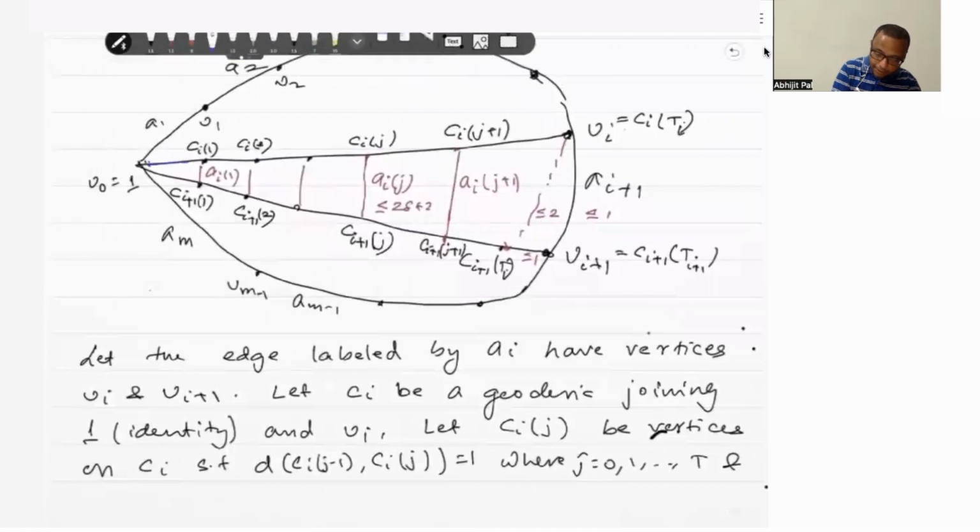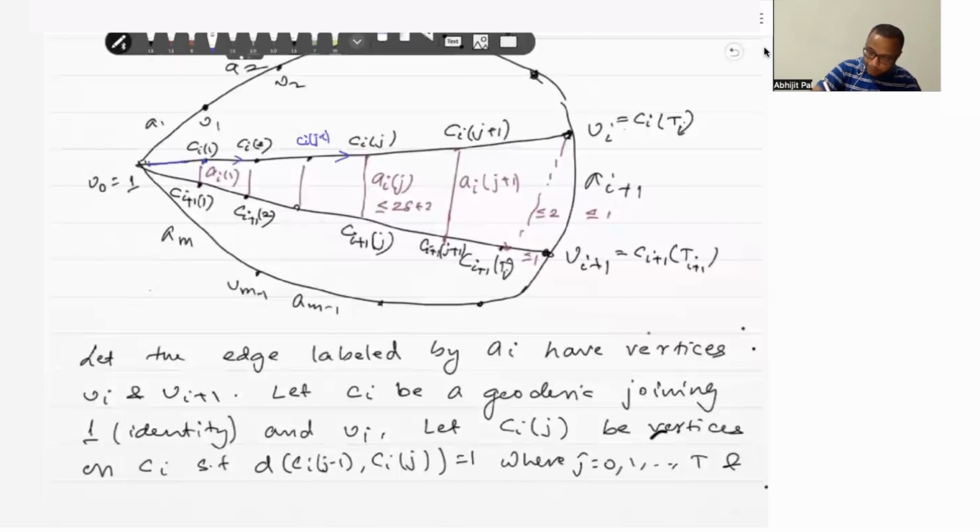So we split this geodesic Ci in the following way. First you take Ci1 such that the distance from 1 to Ci1 is exactly equal to 1. So the distance between Cij minus 1 and Cij will be equal to 1.